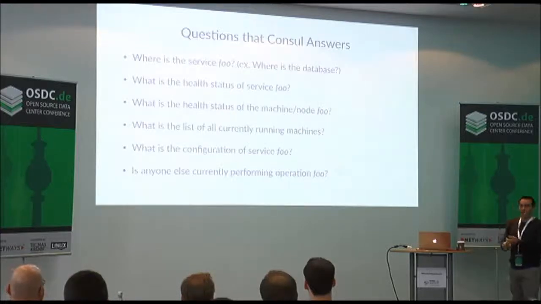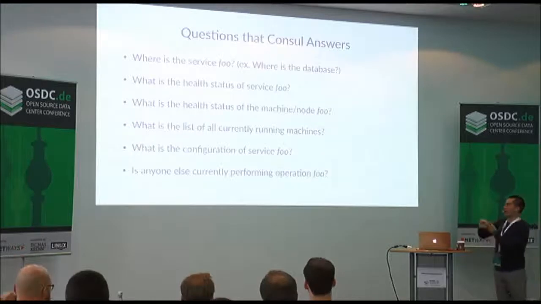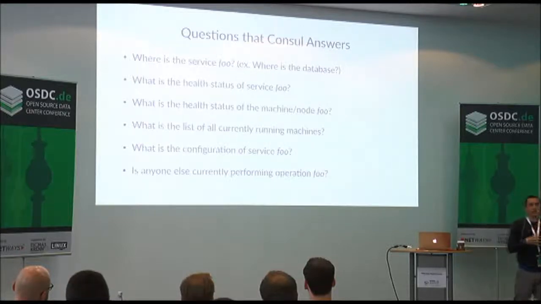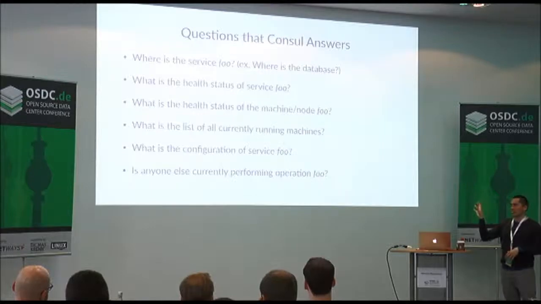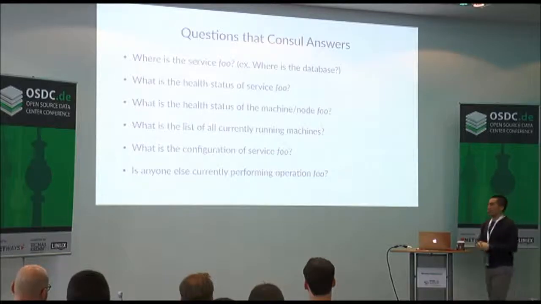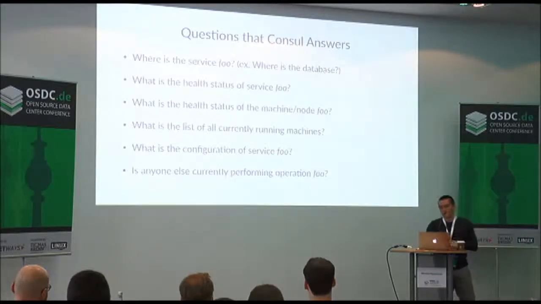What are all the machines that I currently have running? What is the configuration of a service? And also leader election and locking. So in a distributed system, a script might be run on several machines, but you want to make sure that only one thing is doing something at a time. Consul helps you say, you 3 servers run the script, but actually only one of you does it. And Consul will facilitate the leader election.